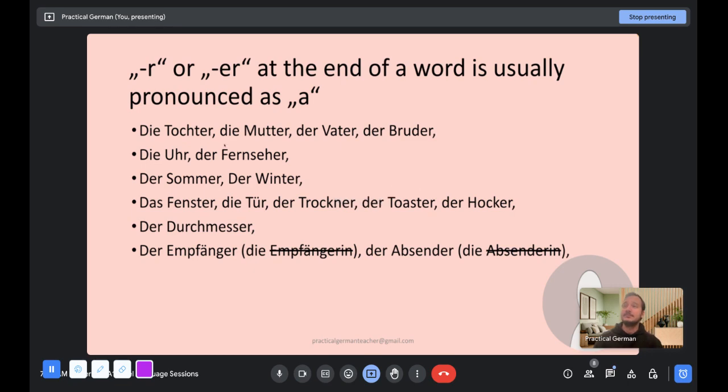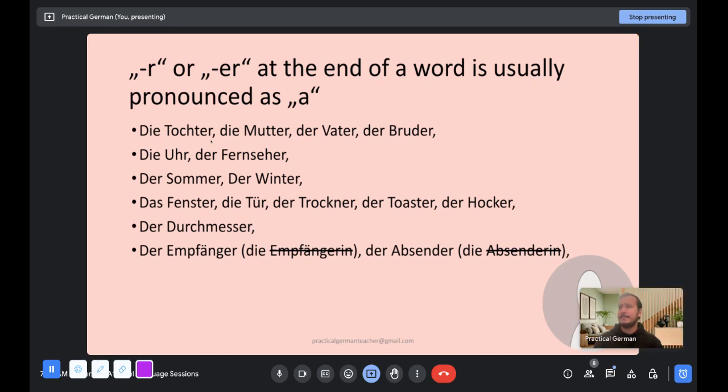The Doktor, die Mutter, der Vater, der Bruder. Should I say the meaning as well? Yes. So notice how she is reading. She is not pronouncing the letter R. She's not saying Doktor, Mutter with the R sound. She's just leaving it out.